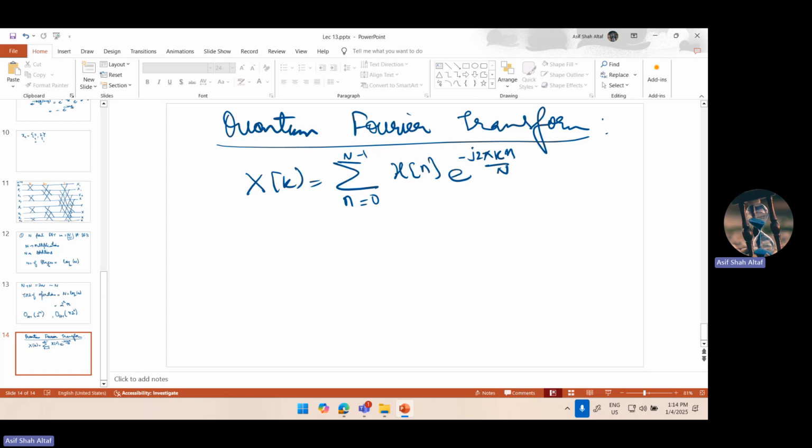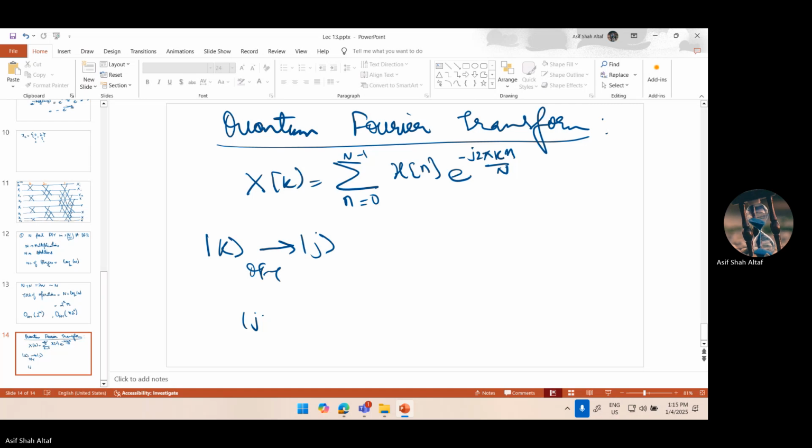Now in the quantum Fourier transform, suppose you have a state k, and you want to compute its Fourier transform, and let's say its Fourier transform is some state j.